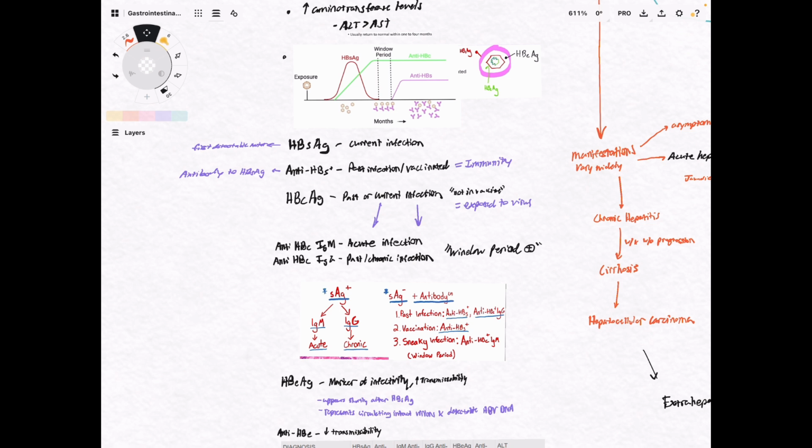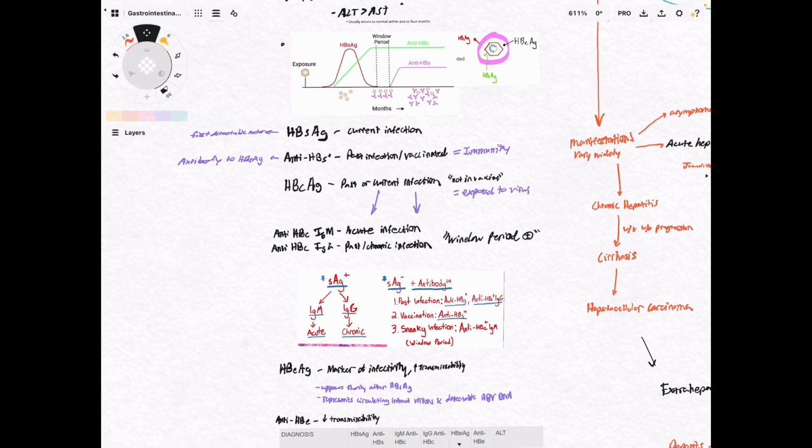So you can see that there. You can see anti-HBc can also show you whether you have an acute infection or a chronic infection. If it's IgM, it's acute. IgG, remember that B cells transfer to IgG. It's a more specific antibody. That's for more chronic infections.